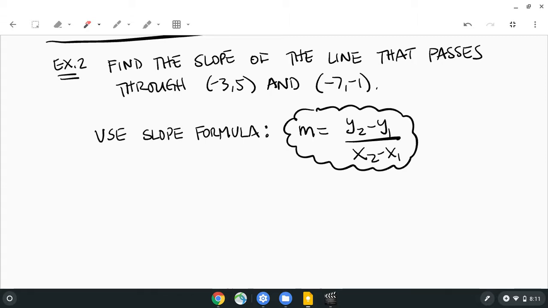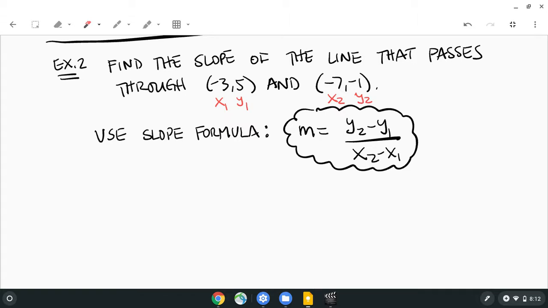Again, it doesn't matter which one you call the first point, but since this one is written first, I will go ahead and call that the first point. So then this will be x1 and y1. And this one here will be our second point, so I'll call that x2 and y2.